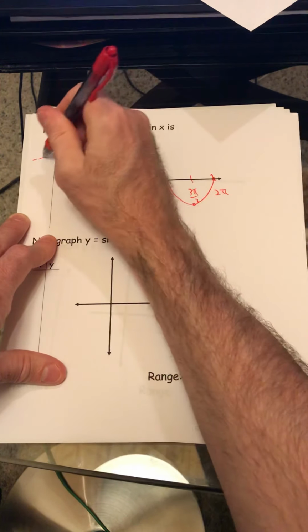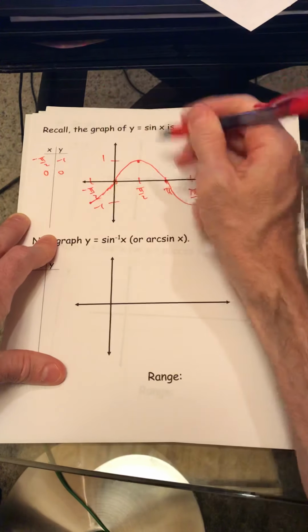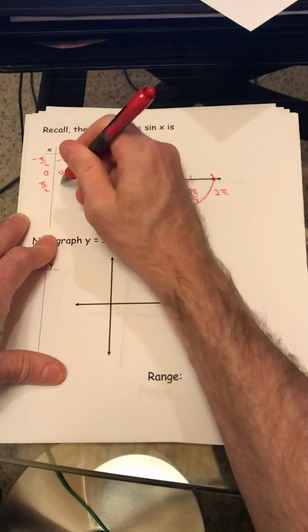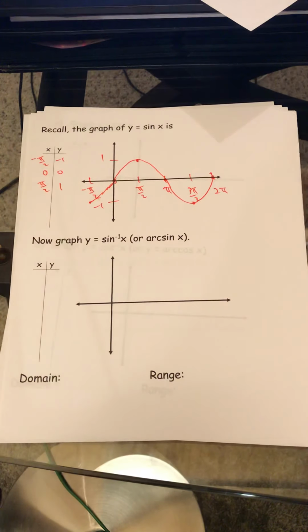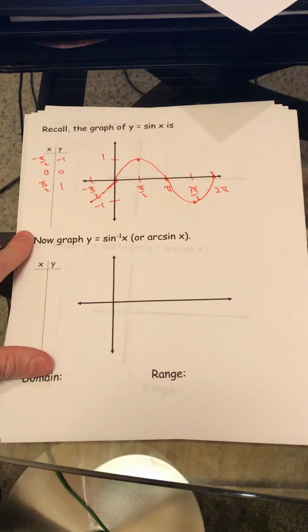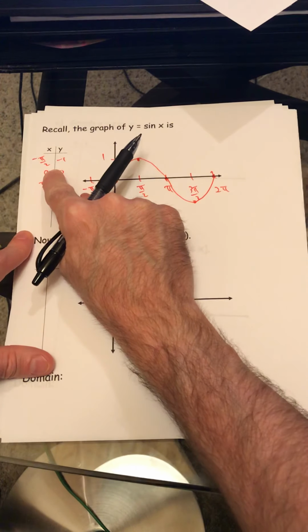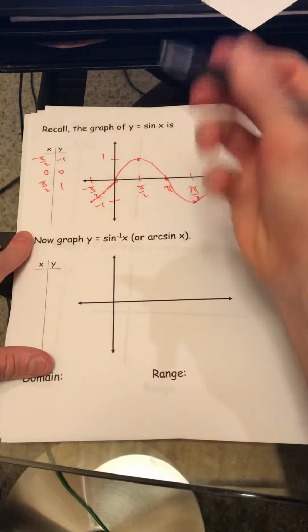So negative pi over 2, negative 1. 0, 0, pi over 2, and 1. So what we are going to do here is fill in some of the intermediate values down here.